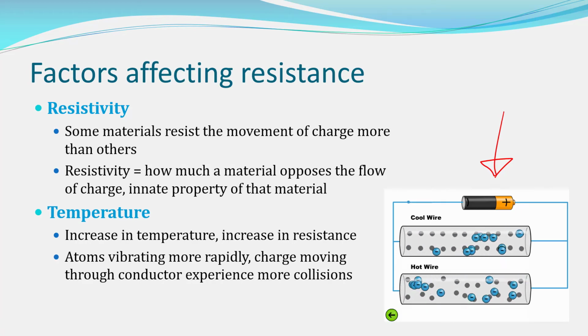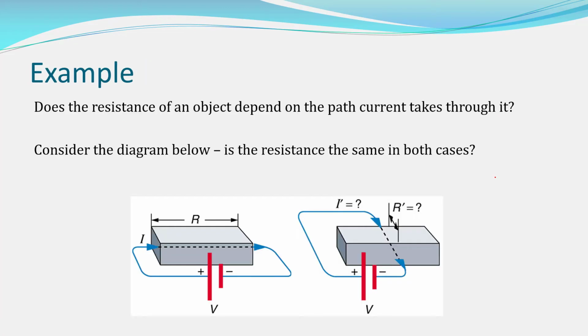Now, I'm just going to point out, which is probably something you've already figured out, that resistivity is the opposite to conductivity. So if something conducts electricity really, really well, then we say it has a very low resistivity, and vice versa.